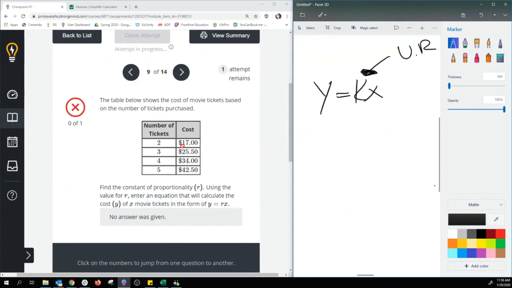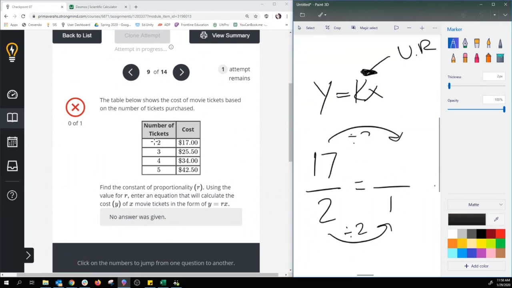So I have 2 tickets cost $17. So I want to know how much it is for 1 ticket. So I have 17 over 2. And I want to know how much it is for every 1 ticket. So I'm going to divide 2 by 2 and do the same thing up top.